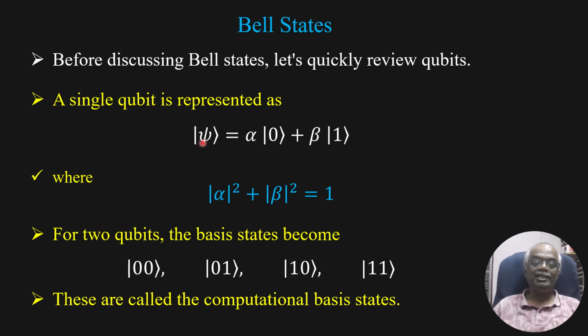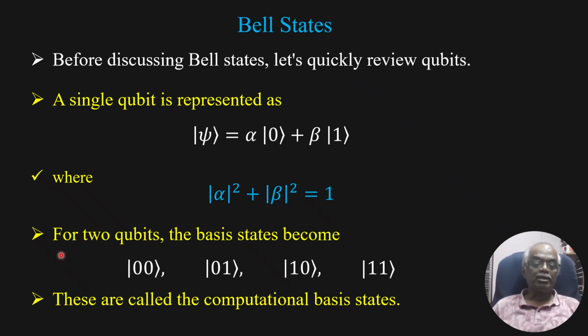This is the linear combination of the 0 state and 1 state, where α and β are complex numbers, and |α|² + |β|² should be equal to 1. That is the orthonormal property in quantum mechanics.